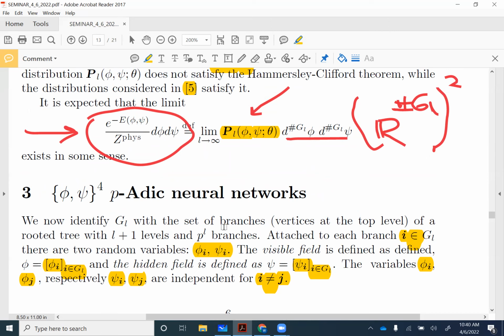So this is the idea. Basically, a p-adic neural network is characterized by this probability distribution. By constructing a suitable algorithm for updating the parameters theta, this network can learn a probability distribution.